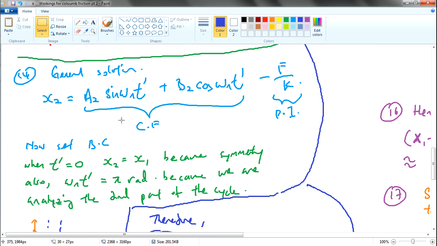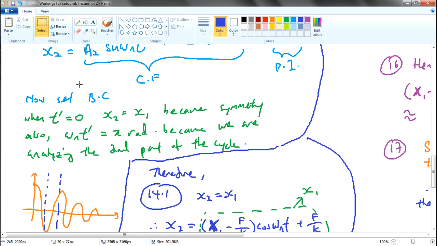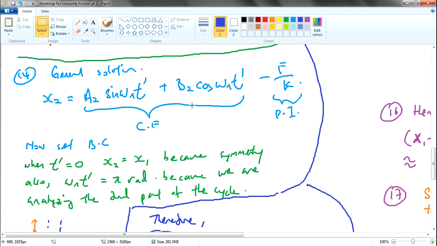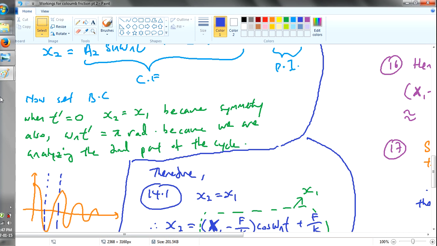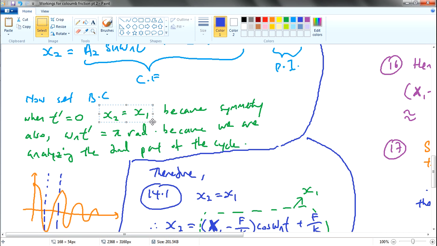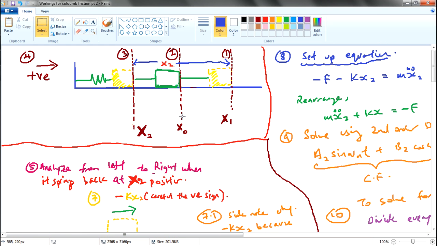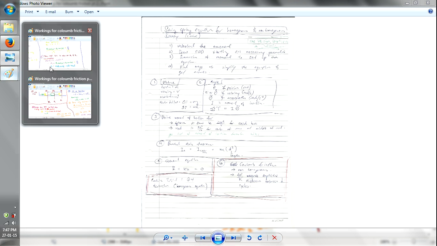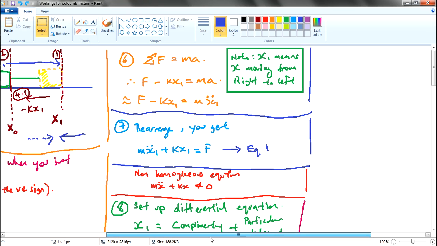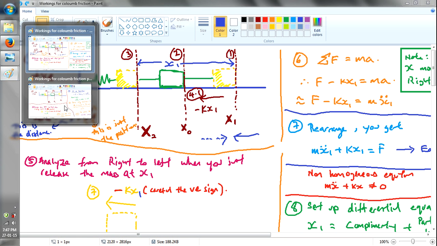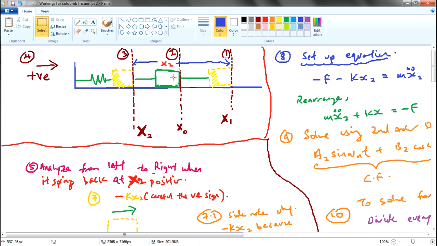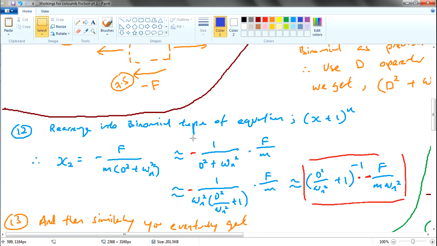With this in mind, we set our boundary condition in order to solve for our a2 and b2, where t prime is equal to 0. One special thing is that our x2 is equal to x1, because we will assume that the distance for this x2 is the same as the distance for this x1 over here. We will assume everything is the same, provided that you already know that when it springs back, you wouldn't reach this position exactly, you will reach slightly short of it, but we will assume that the symmetry is the same.